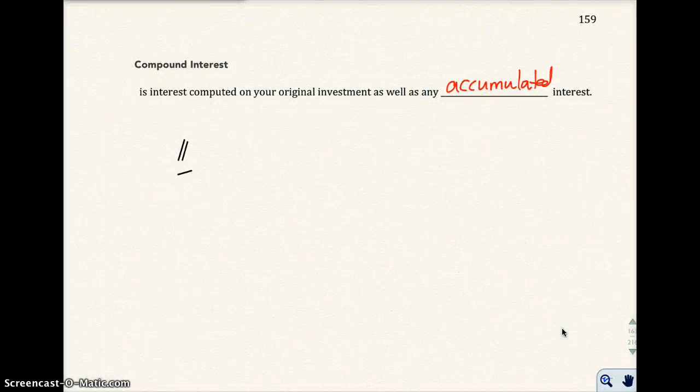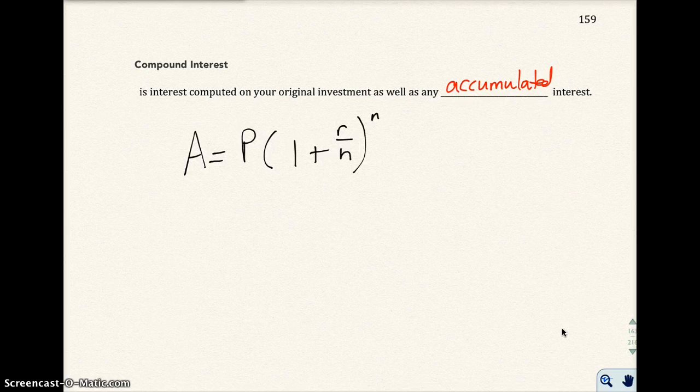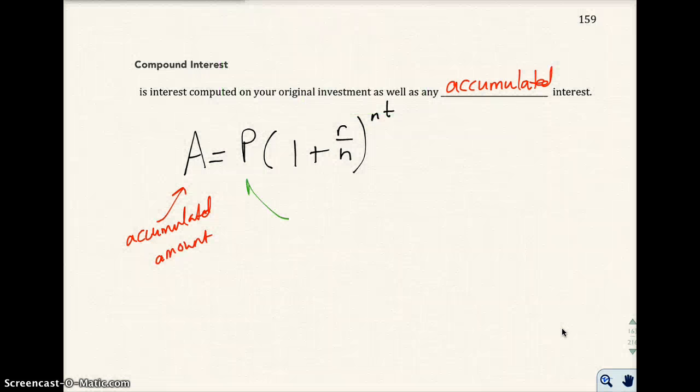Okay, so let me go ahead and write A equals P times (1 plus r over n) raised to the nt. And that is the compound interest formula. And A stands for accumulated amount, not interest, accumulated amount. P stands for the principal.